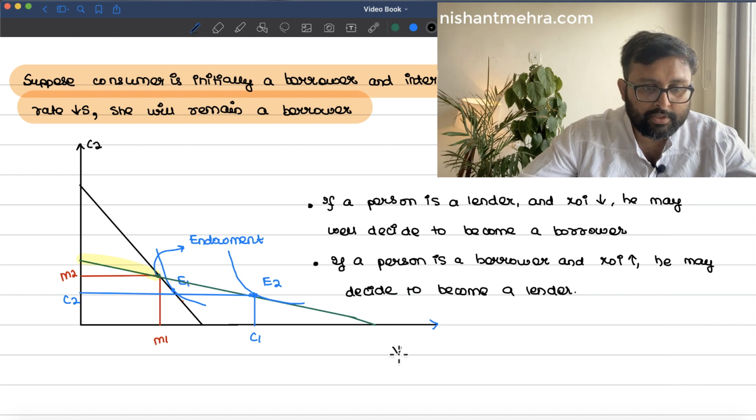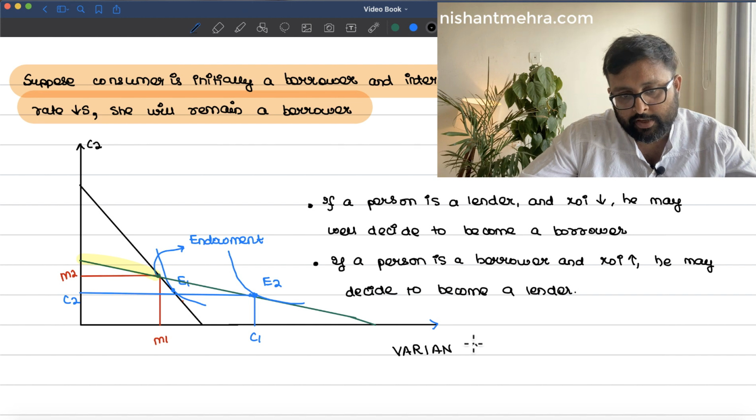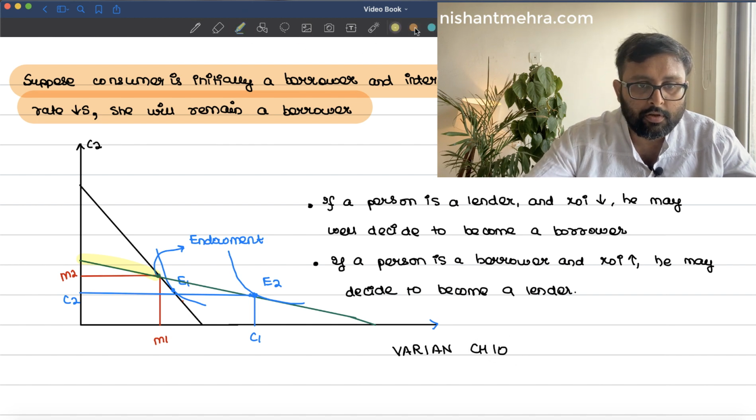So the reference for this is Varian chapter 10. The reference for this is Varian chapter 10, right?